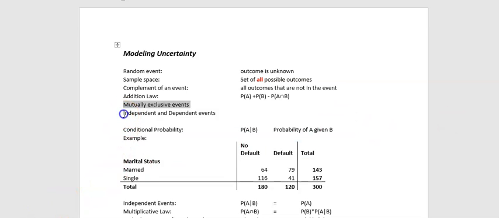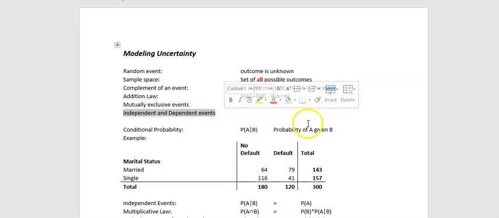Next, we're going to talk about independent and dependent events. The way dependent and independent events are defined is as follows: if two events A and B do not affect the probability of each other's events, then they're classified as independent events. However, if the probability of event A changes if event B happens, then they're defined as dependent events.